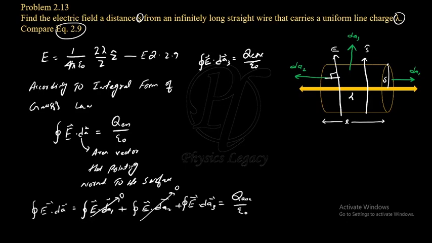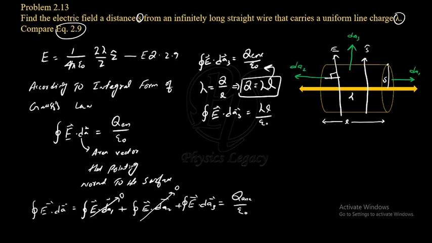Here our first task is to calculate Q enclosed by this curved surface. Lambda is the charge per unit length, and from here Q is equal to lambda times L. We just put this into the equation, and we have the closed integral of E dot dA3 is equal to lambda L over epsilon naught.